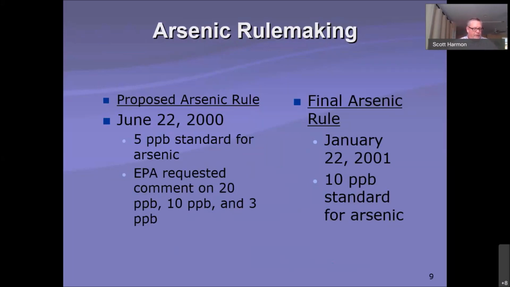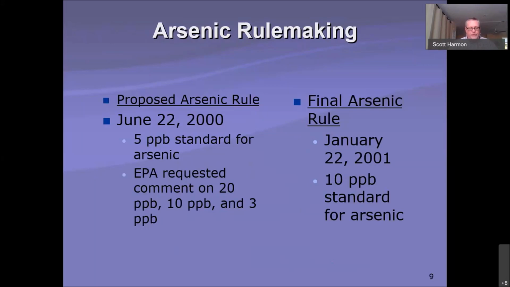In October of that same year, 2000, the appropriations bill required the EPA to have a final standard. The final arsenic rule was published in January of 2001 and established the MCL at 10 parts per billion. So they did kind of listen to the industry a little bit.